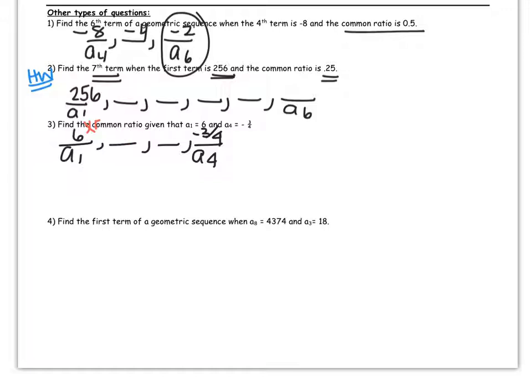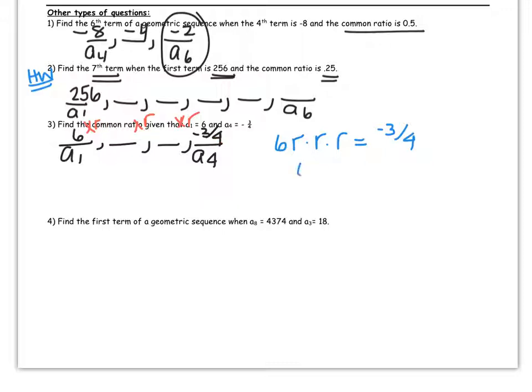Then we multiply that number again by the same common ratio, and we get this number. And then we multiply this number by the last common ratio to get the negative 3/4. So if we were to write an equation, it would be 6 times r times r times r gives me a negative 3/4.